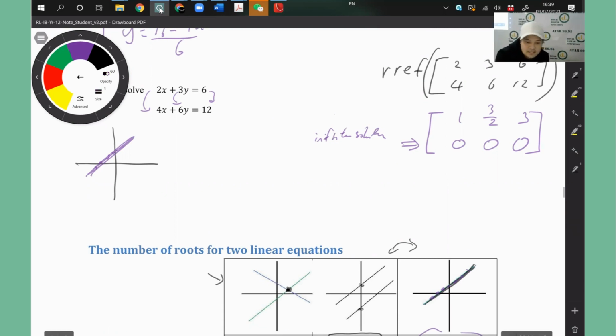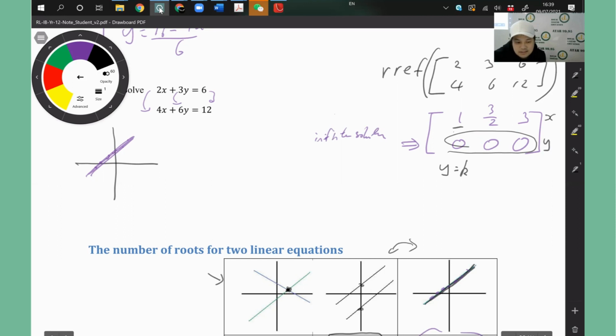I told you already, this first row is x, the second row is y. If you got all 0, which means y can be anything. So let y become k. Then the first row, this equation, means x changes according to y.